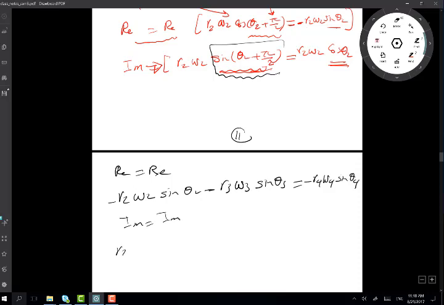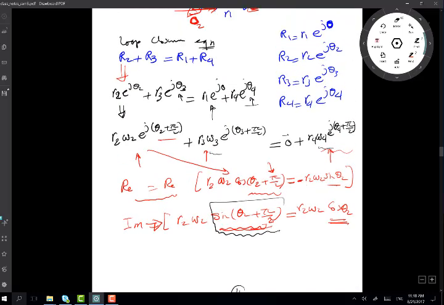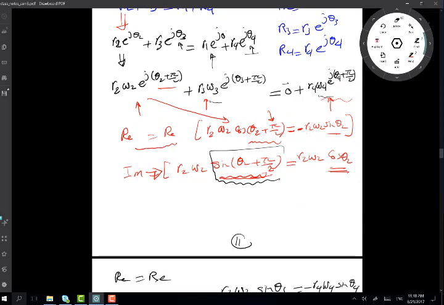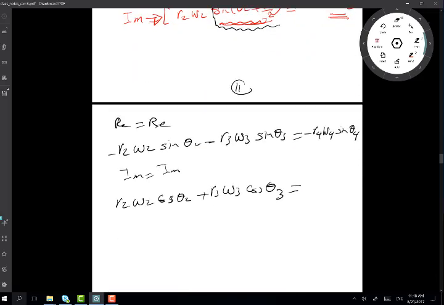So I'll have R2 omega 2 cosine theta 2 plus R3 omega 3 cosine theta 3 equal to R4 omega 4 cosine theta 4.